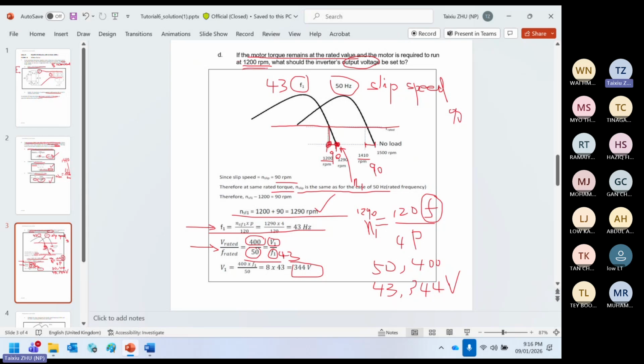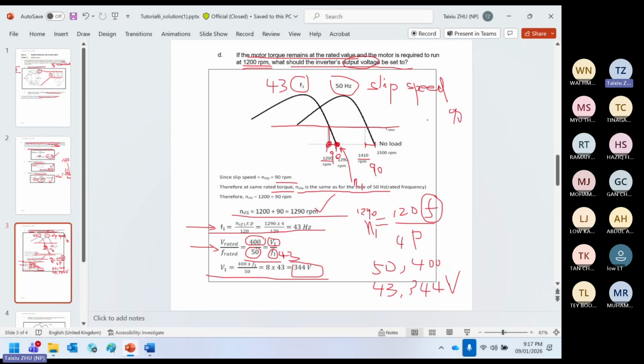Because the motor is driven by an inverter, he asks you: if we use V over F constant control, what should be the inverter voltage? That's the question. Through the calculation, your answer is 344 volts, but how did you get here?